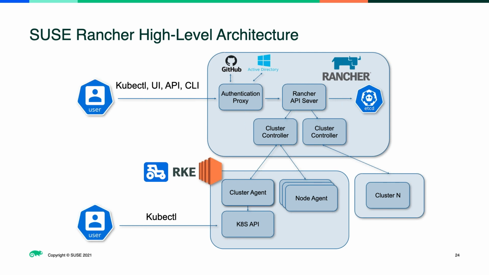SUSE Rancher also provides you with a self-service turnkey configuration and additional add-on services like log shipping, monitoring, storage, and additional tools for a GitOps approach for deploying resources. We'll try to see all this in the demo a bit later on as well.